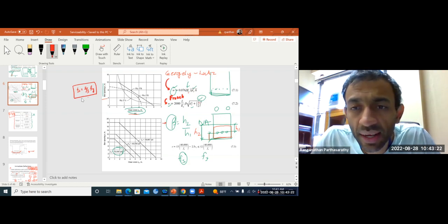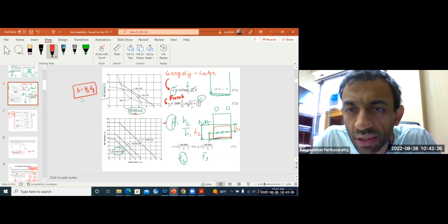A is the concrete area surrounding one bar.